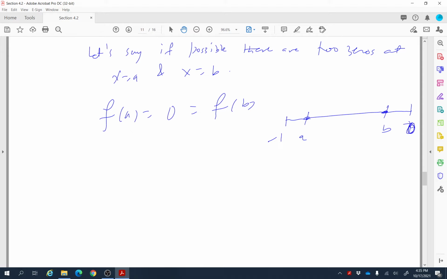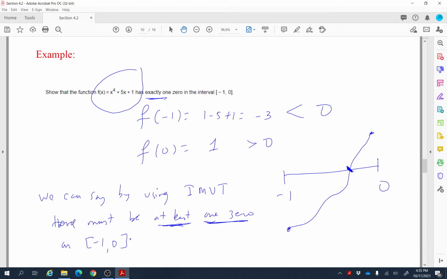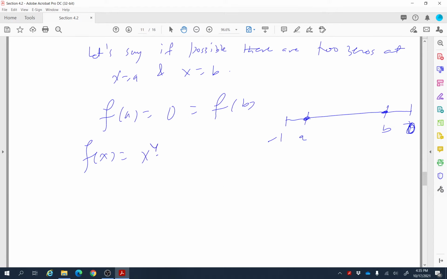So from -1 to 0 there are 2 values where the value of the function is 0, but by using Rolle's theorem, if that is possible, then the derivative of the function must be equal to 0 at one point in between here. So let's find the derivative of this function, which is 4x cubed plus 5.